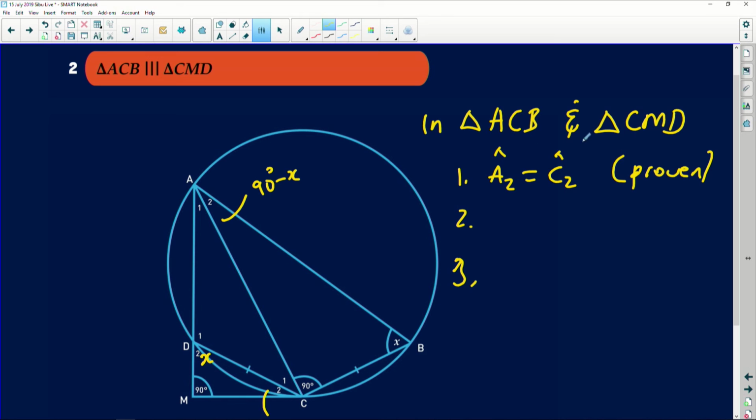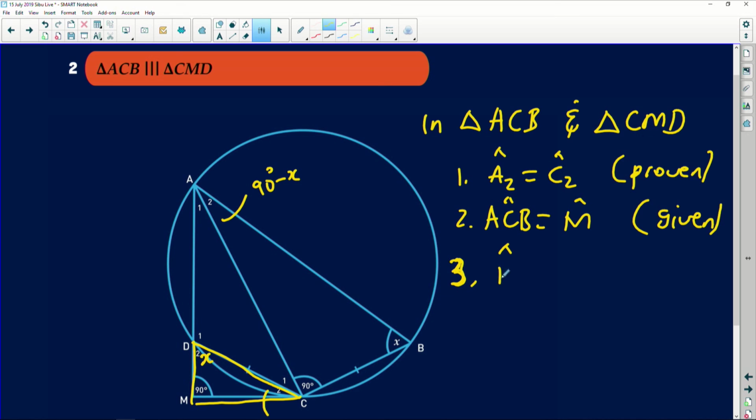Then angle C of the first triangle, ACB, is equal to angle M in the second triangle, the one I just highlighted in yellow. This information has been given to us because both of them are equal to 90 degrees. And lastly, since we have done that, the third angles are definitely going to be equal to each other.